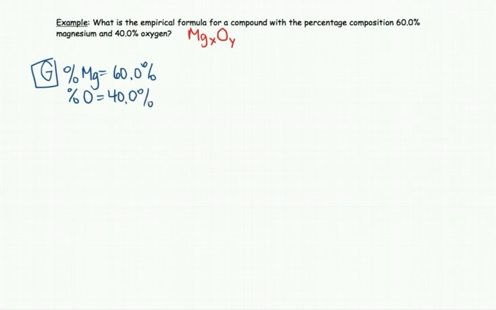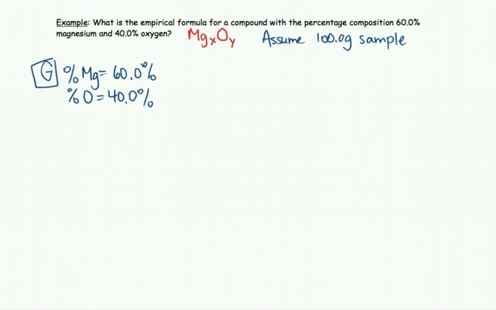All right, so we know the percentages of whatever mass this substance is, but we don't know the total mass. We don't have any information about the actual mass. So you can arbitrarily assume, let's just say we have 100 grams of sample.